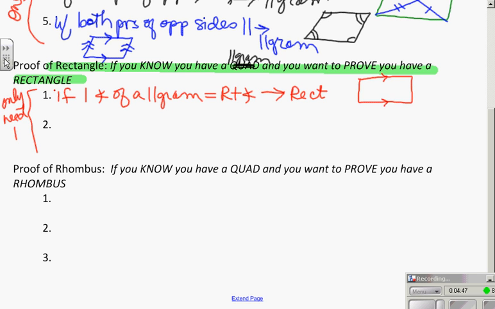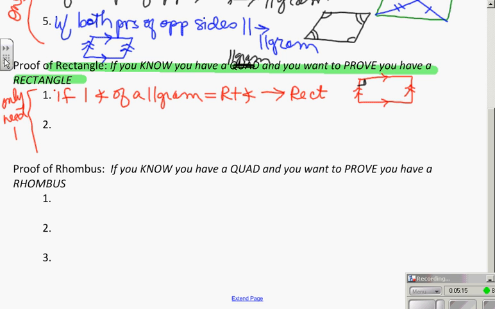Now, if you think about that, I know I have a parallelogram. If one angle and one angle only is given to me as right, I can say it's a rectangle. Now, to go through the proof of this, if you think about those same side interior angles being supplementary and opposite angles being equal, you could prove that it's a right angle.